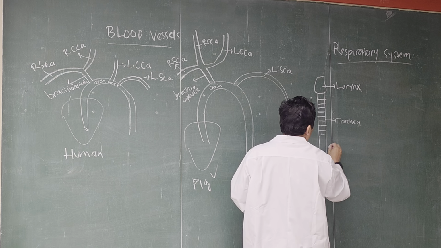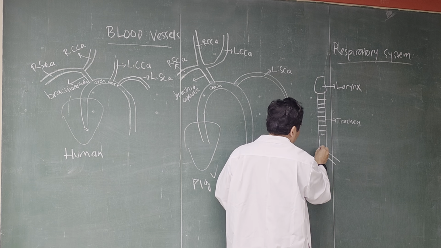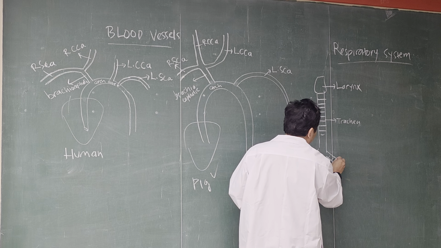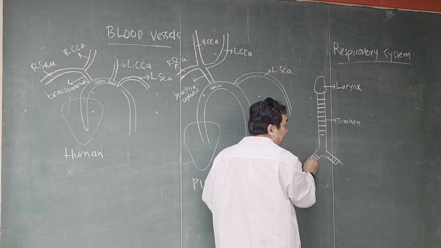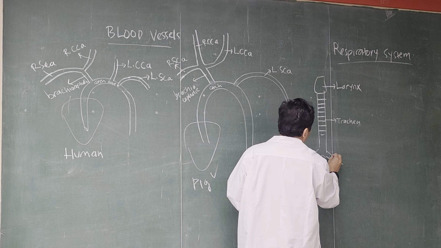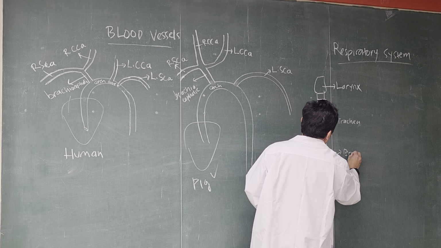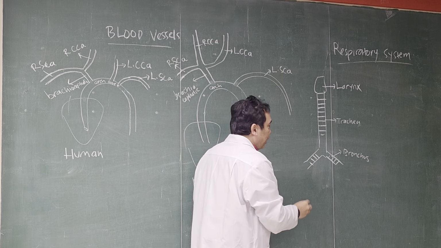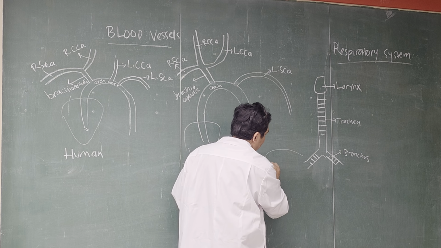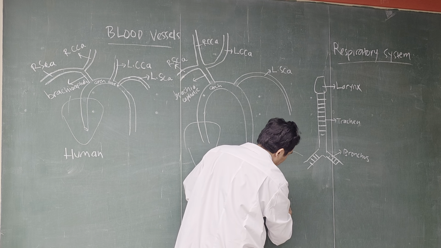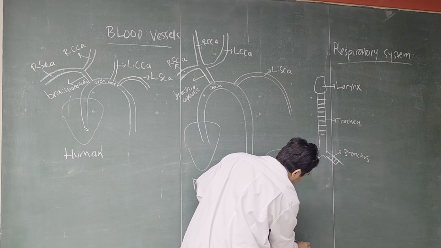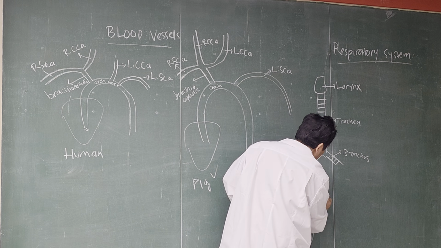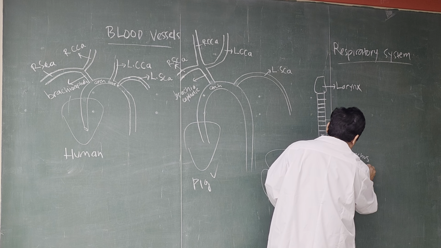And look for this branching of the trachea, which is called the bronchus. Okay, and then look for the lungs.